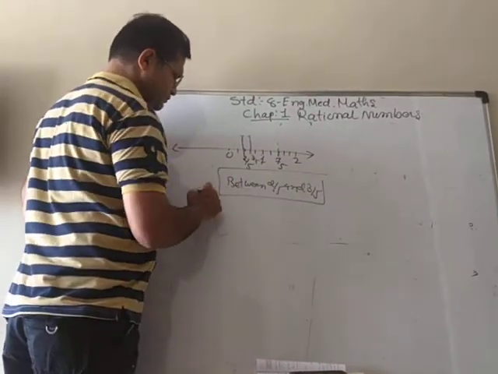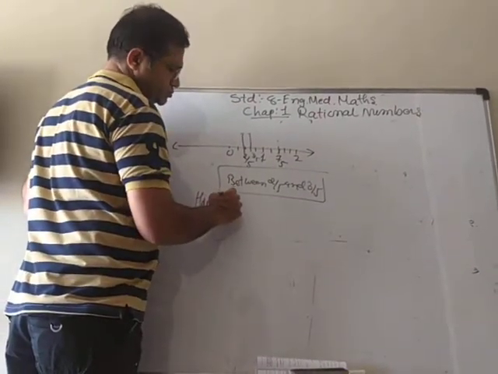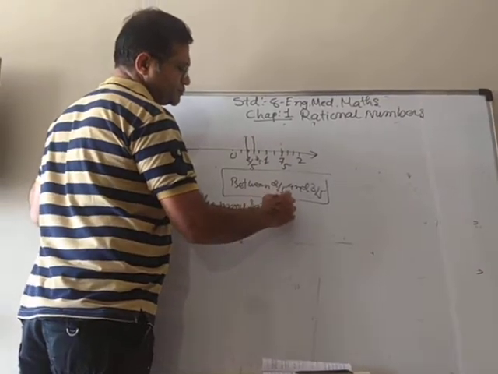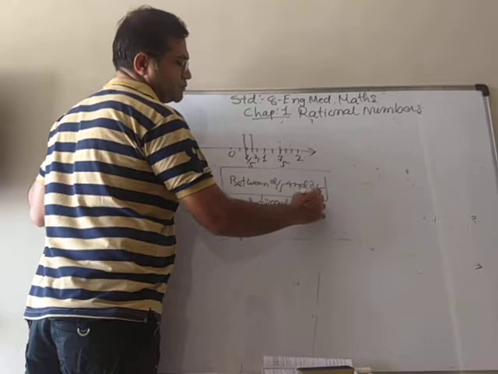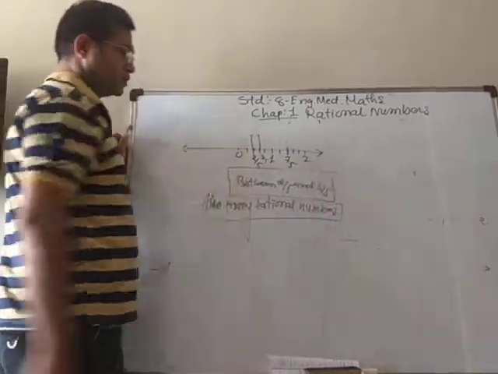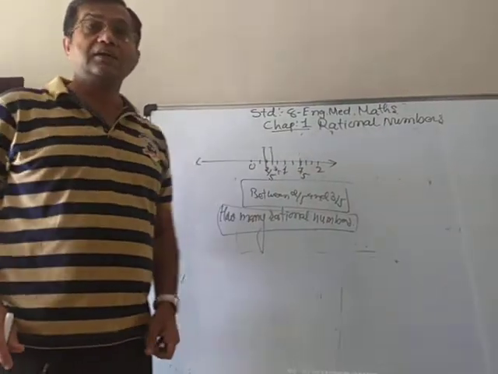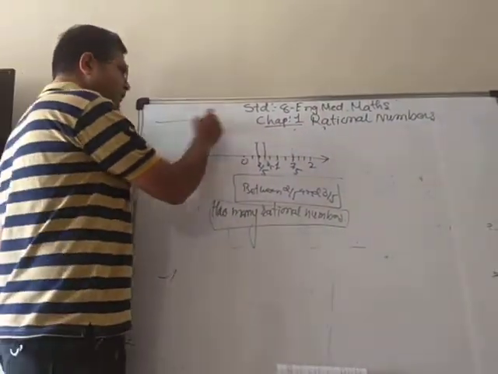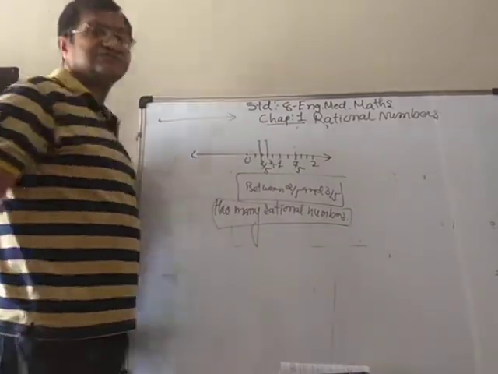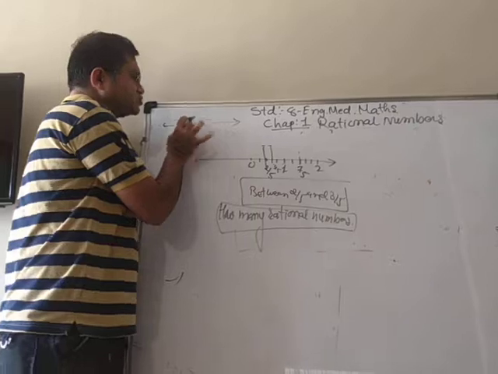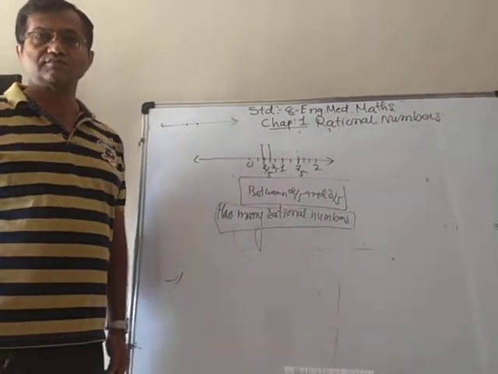How many rational numbers are there? Can you tell me, on a line, how many points are there between those two points? Two points?